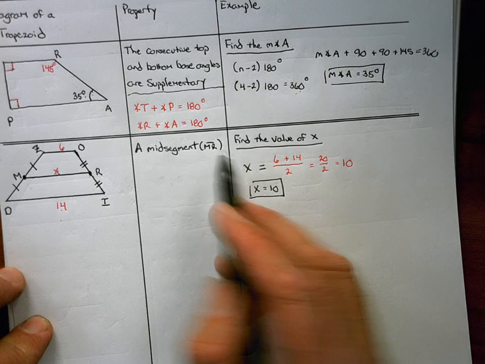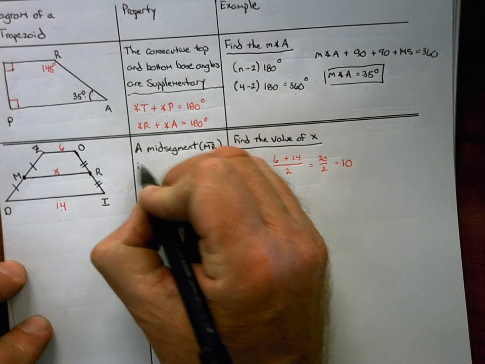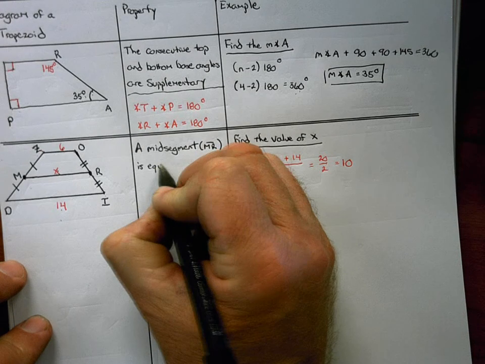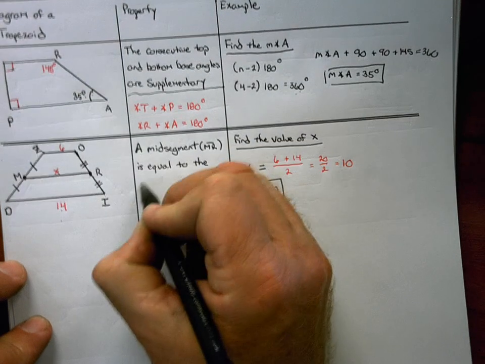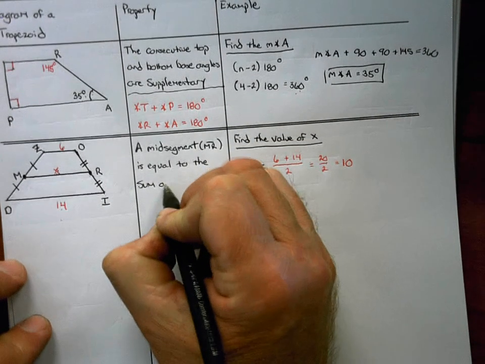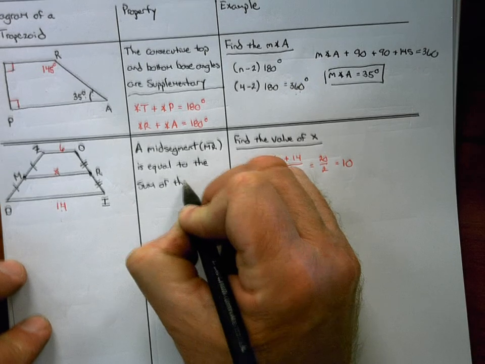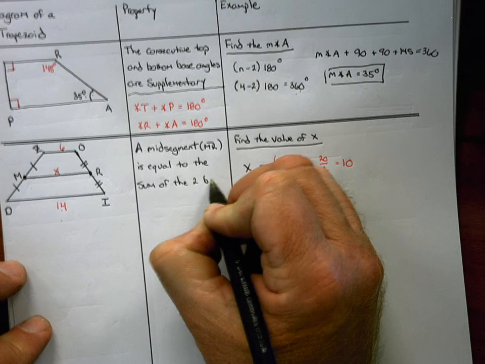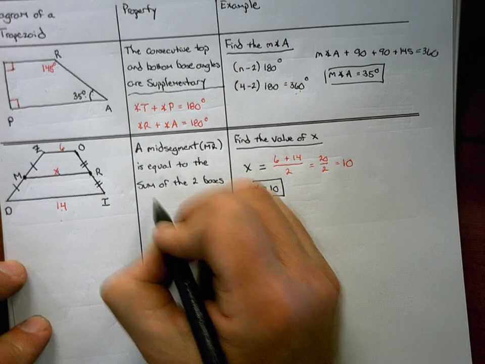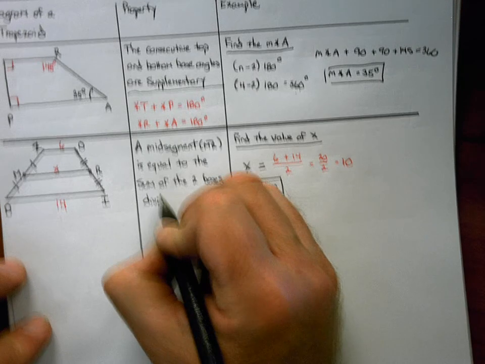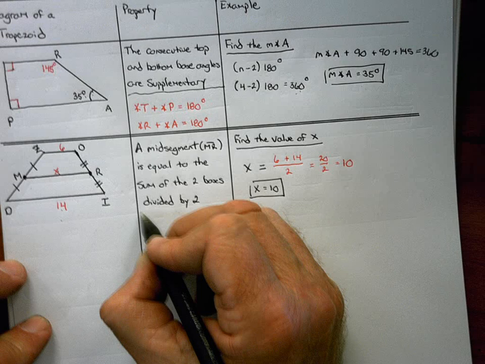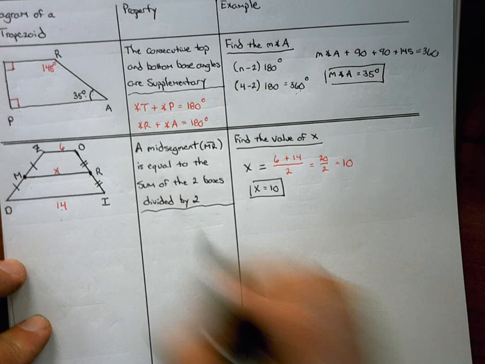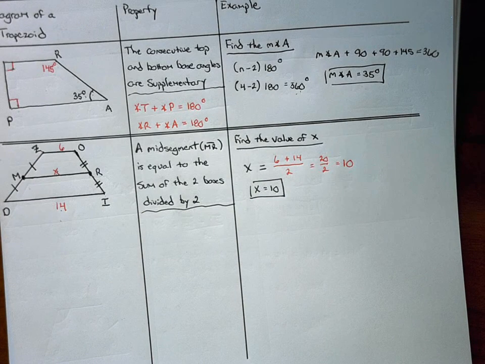A mid-segment is equal to the sum of the two bases divided by 2. Okay? That's the rule in words. That's how you find a mid-segment.